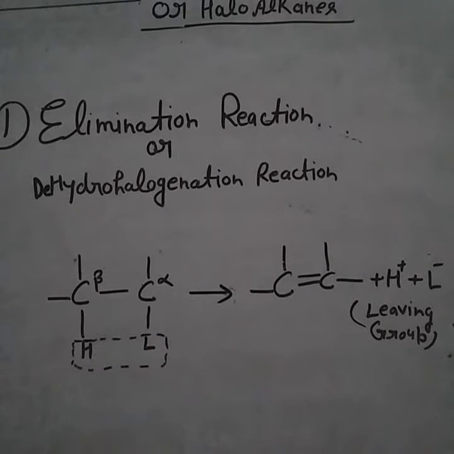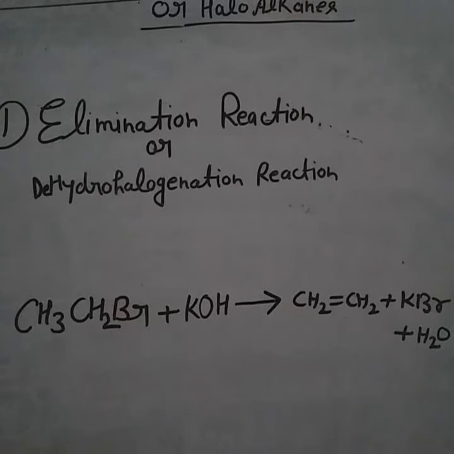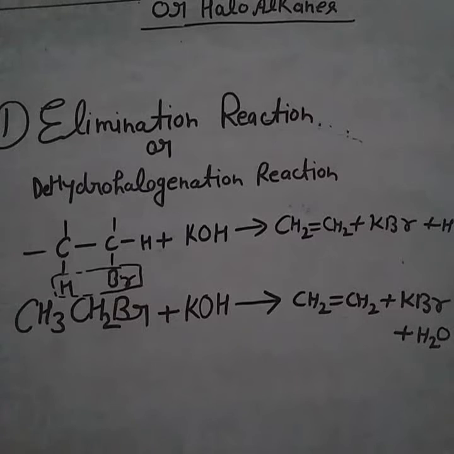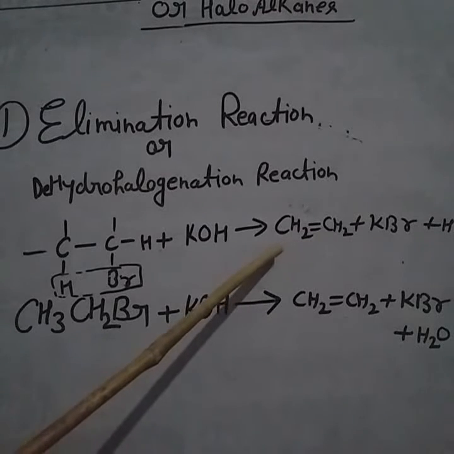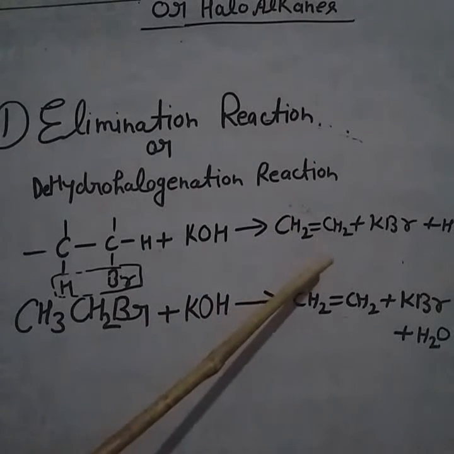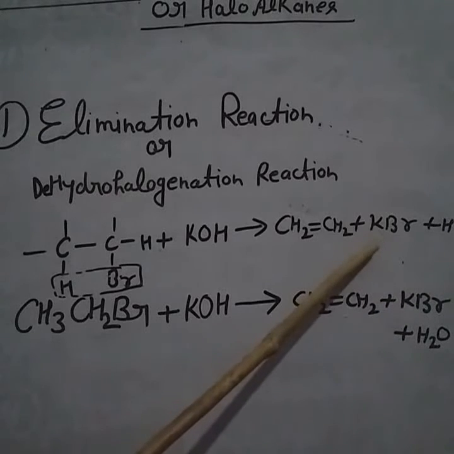For example, the main example of an elimination reaction, or dehydrohalogenation, is when ethyl bromide reacts with a strong base, potassium hydroxide. H is the hydrogen atom and Br is the leaving group. Both are eliminated and form an alkene with a pi bond, and the leaving group is released.